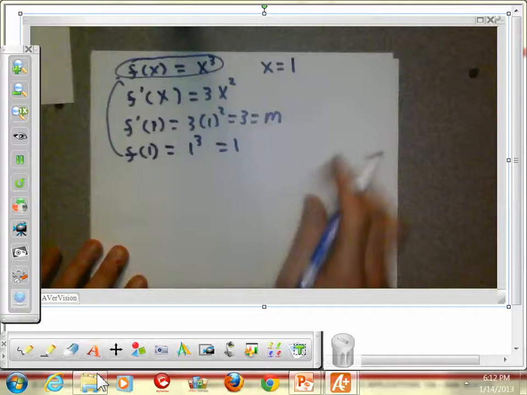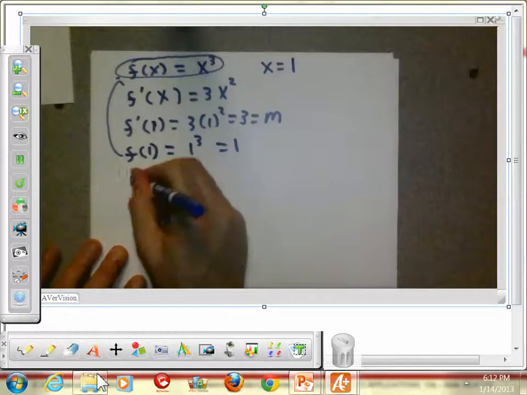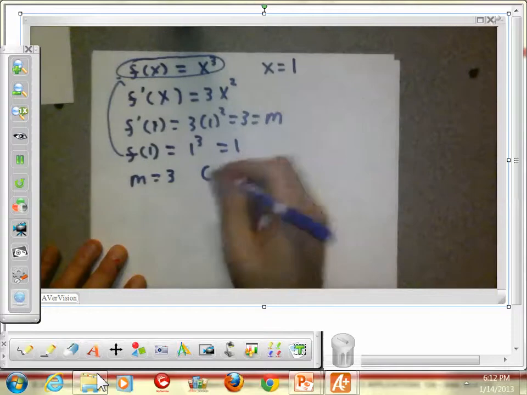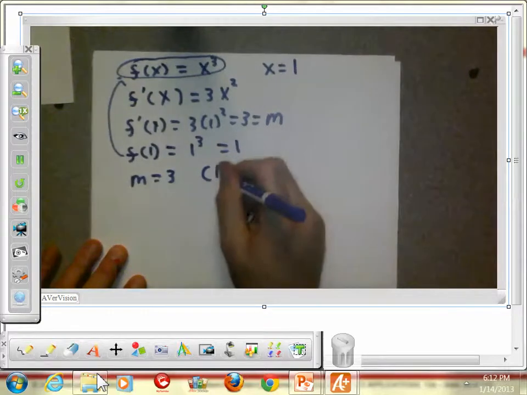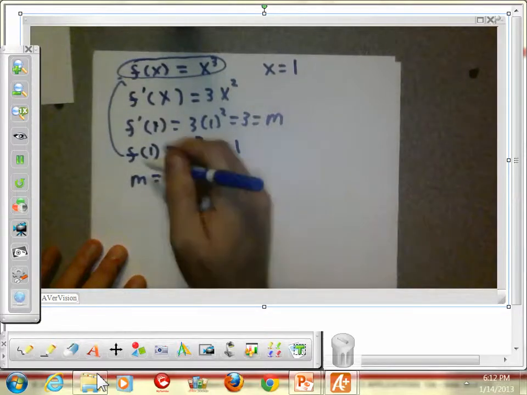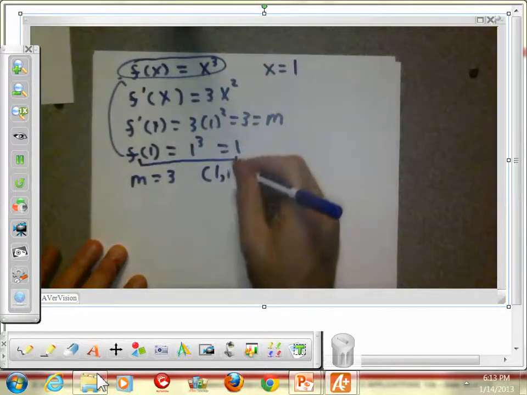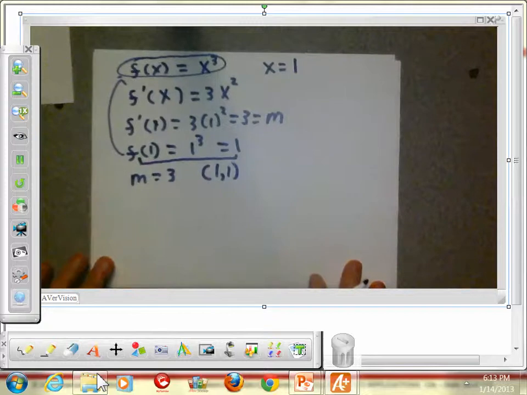So now I have my slope, m equals 3, and I have my point: my x value is 1, and my y value, which is what I evaluate by plugging x into the original equation, is also 1.